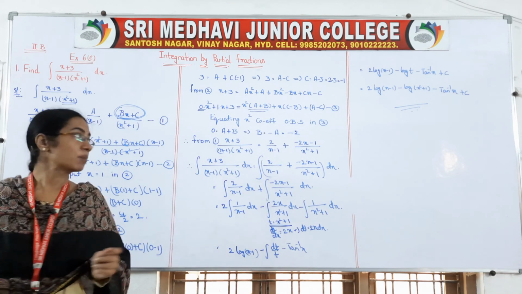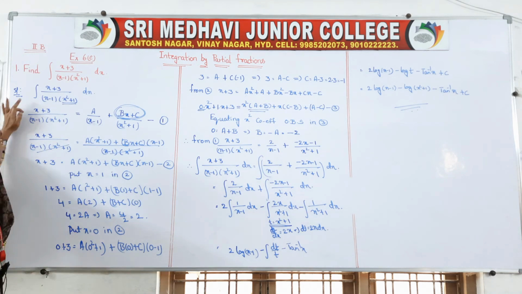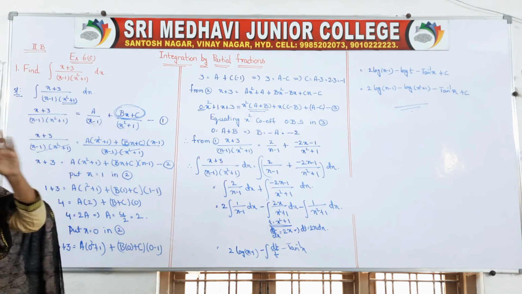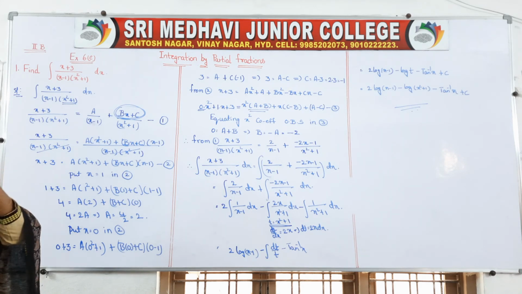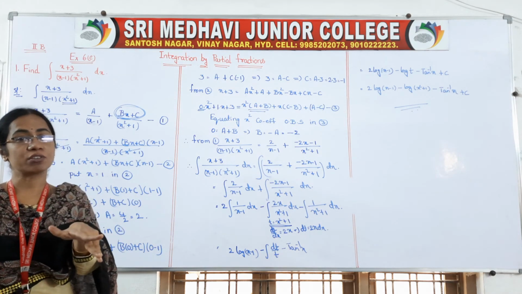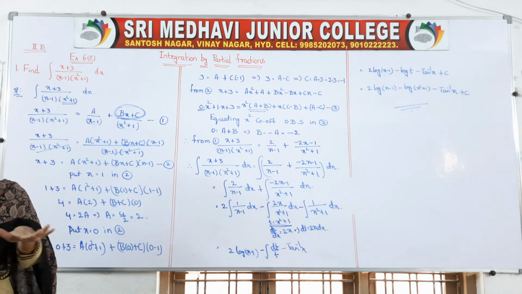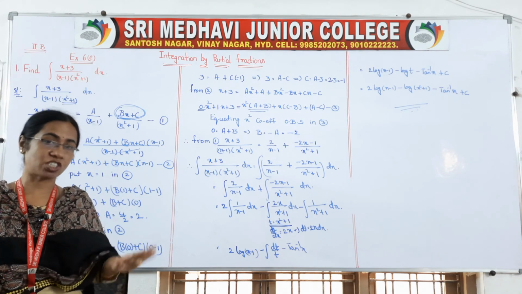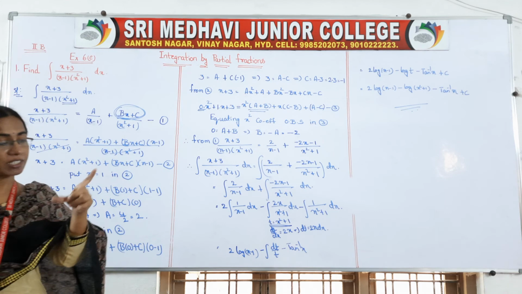Observe carefully: the integral of x plus 1 by x minus 1, x square plus 1. Only one thing you have to remember here: downwards we have a linear factor and an irreducible factor. We have to solve the problem using partial fractions. They won't mention it; you should recognize it by seeing the problem.